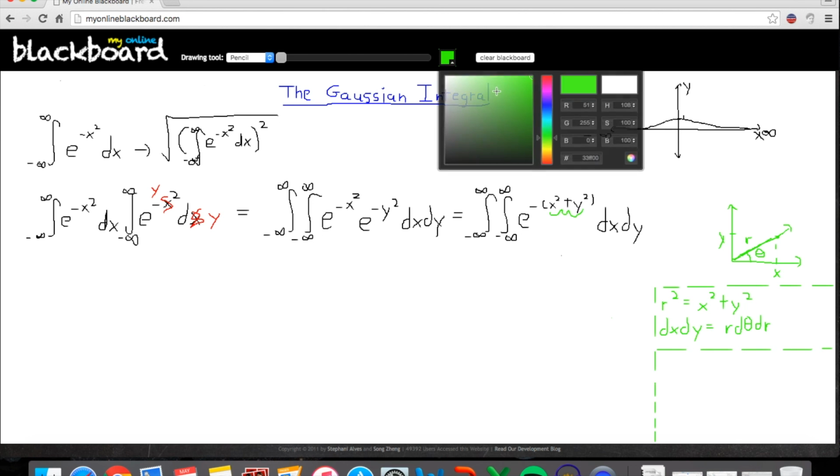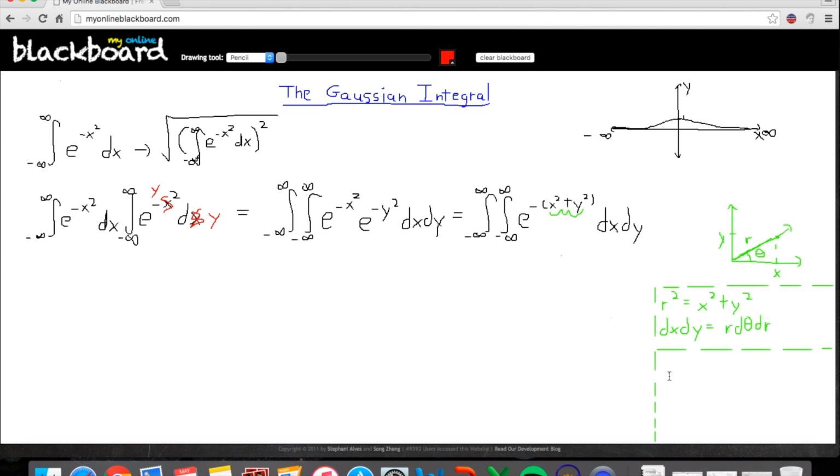It's a representation of the area of a little square, or it could be a rectangle too, so the entire area is x times y. Now, if I take a really small piece, this little dA, this is dy and this is dx. So each little area dA is dy dx.